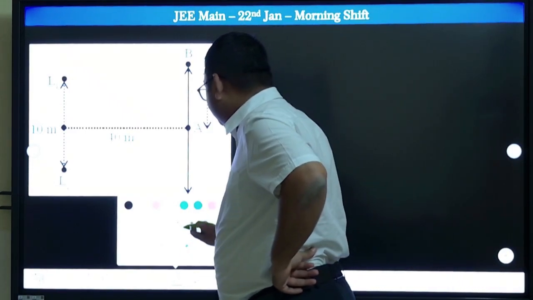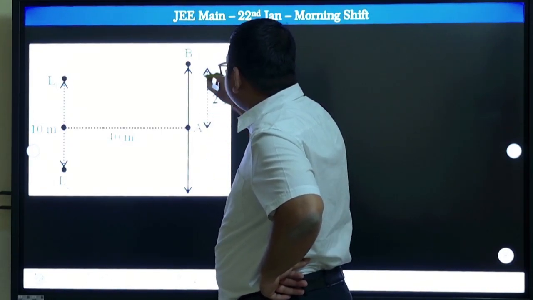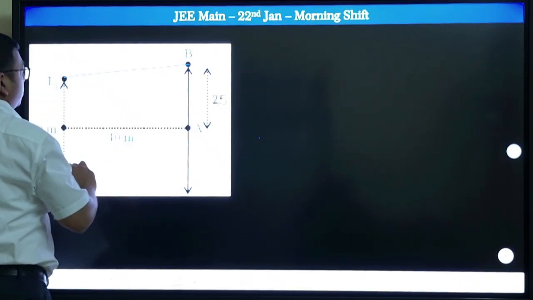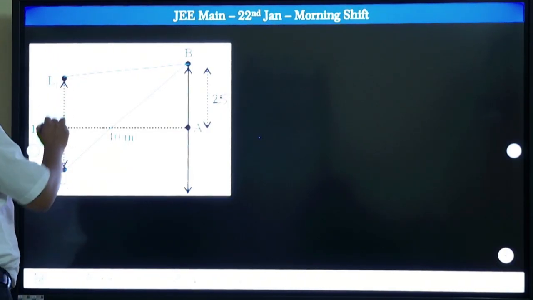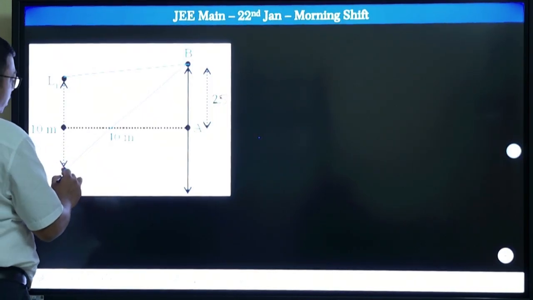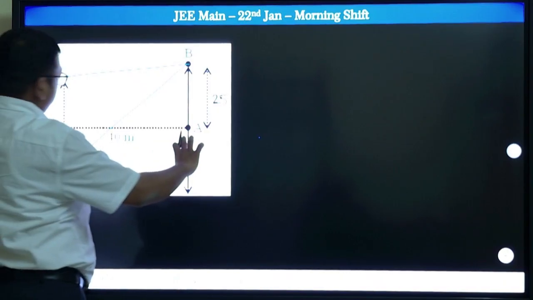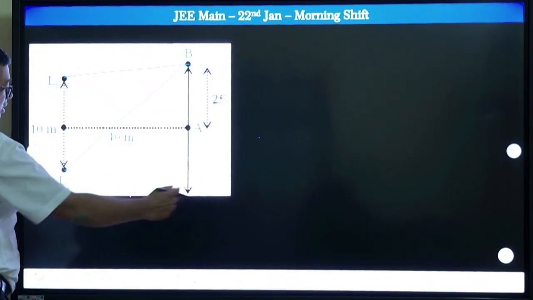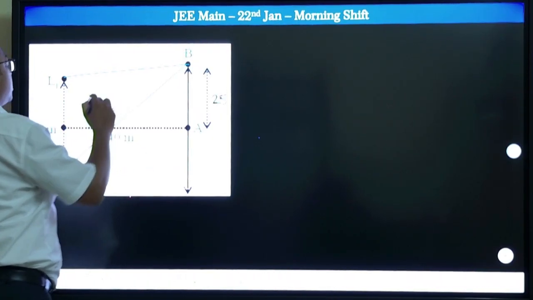So how do we calculate this first? Think about it. Suppose we have moved the distance of 25 which they have given. So what is the path difference you can consider? This path difference you need to calculate. This is the total distance, so this will be 5 above, 5 below, right? And this is 40, and this is also 5, correct? So 25 plus 5 is 30, and 30 with 40 perpendicular gives us 50.